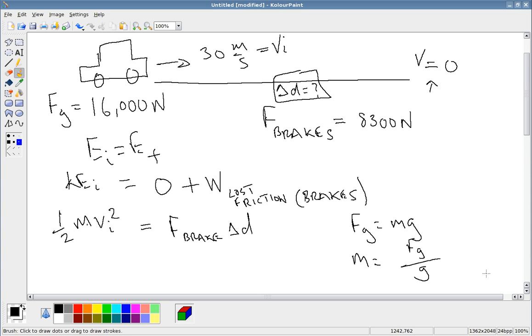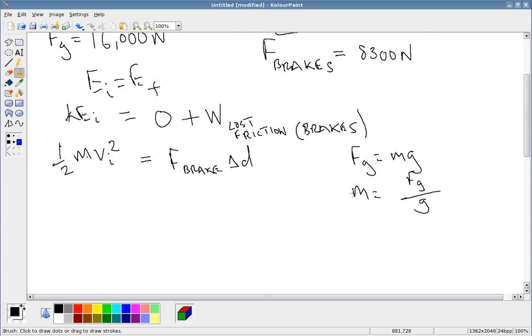And we can figure that one out by going 16,000 divided by 9.8, which gives us 1,632. So the mass of the car is 1,633, say, kilograms. Okay.